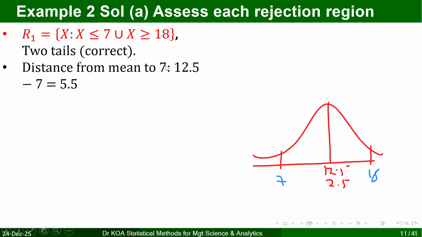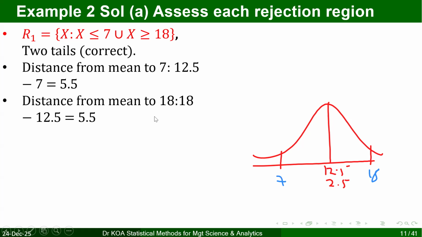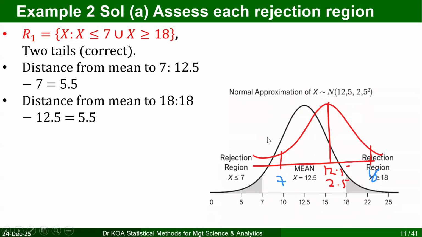The distance from the 7 to the mean is 5.5, and you can see that 5.5 is actually in the rejection region. The distance from the mean to the 18 is going to be another 5.5, which, if it is added to the 18, will also be in the rejection region. Okay, and this is the exact graph that I've indicated.